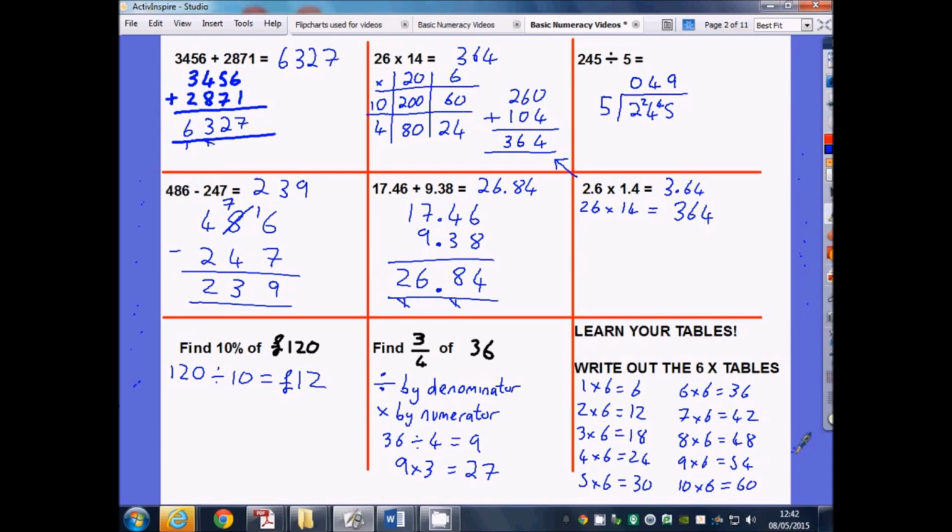I've run out of space, but hopefully you then got 11 times 6 is 66, and 12 times 6 is 72.